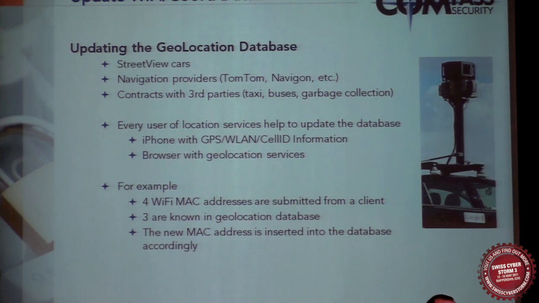And if you use such services, then you send your list of access points, and maybe the database has already 3 of them in it, and you send a 4th one so it can include this new Wi-Fi access point, and so the database is continuously updated with iPhones, with laptops, with Androids, and what else.